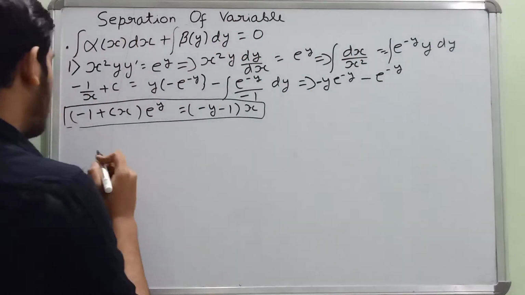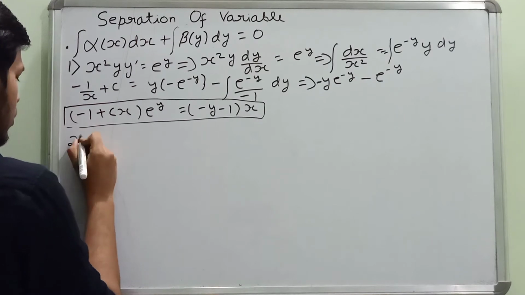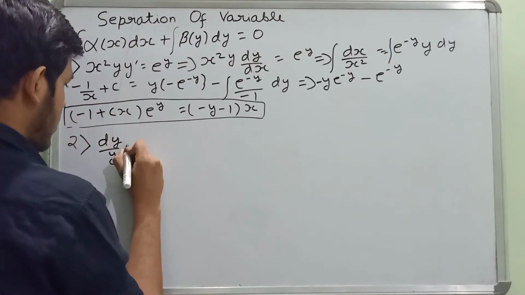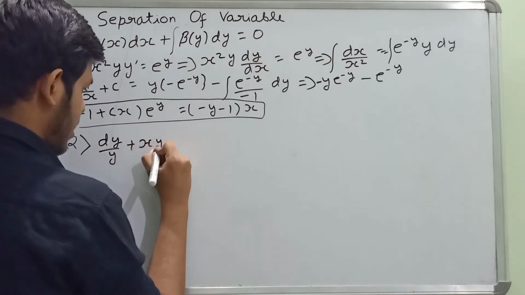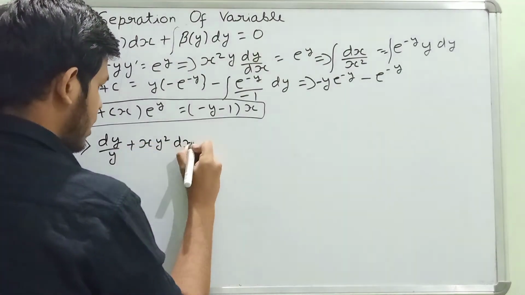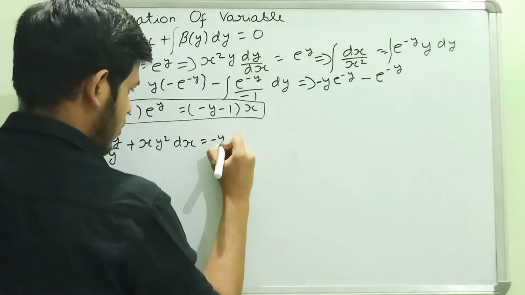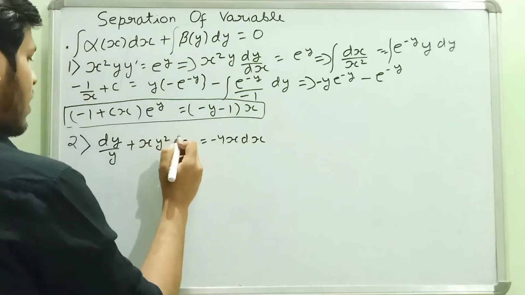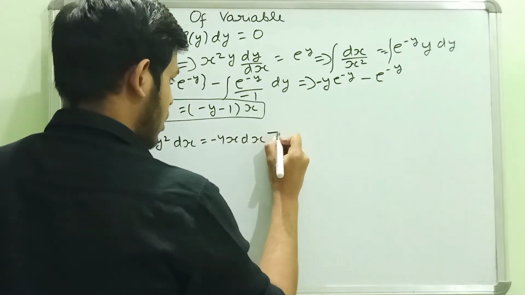So friends, let's do another question. dy y plus xy square dx minus 4x dx. First of all we will take this term on the right hand side, right?